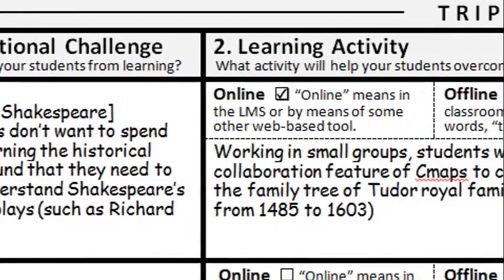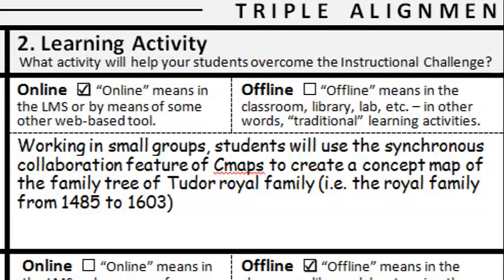The associated learning activity that the instructor has proposed to help resolve this instructional challenge is an online one. Specifically, it's this: working in small groups, students will use the synchronous collaboration feature of C-maps to create a concept map of the family tree of the Tudor royal family. That is, the royal family from 1485 to 1603.